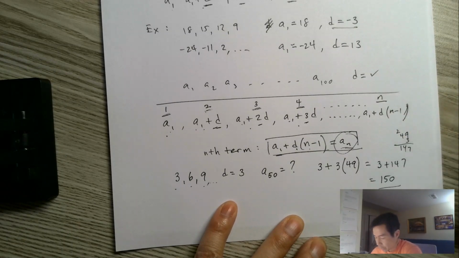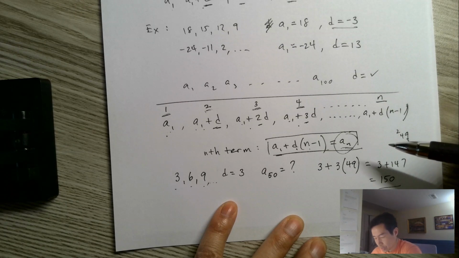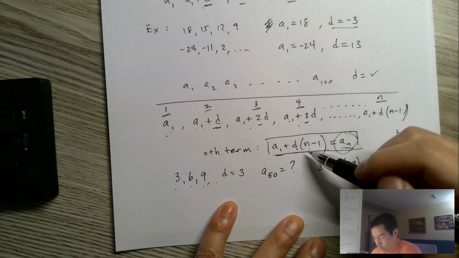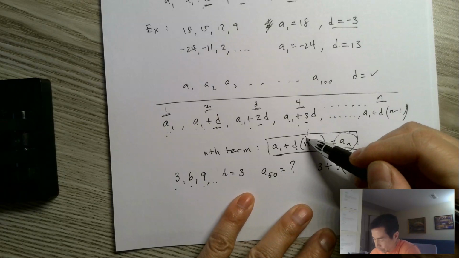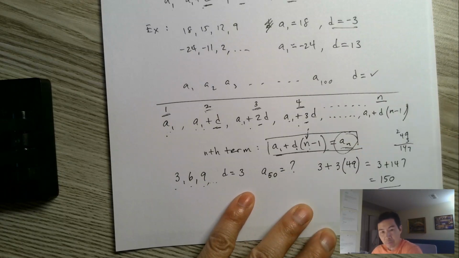You're just told that this term exists down the road in this sequence, but you don't know in what position that term exists. So maybe you're solving for n instead.